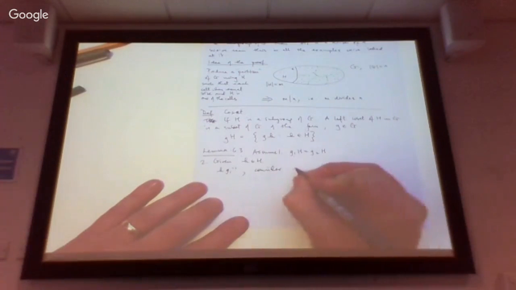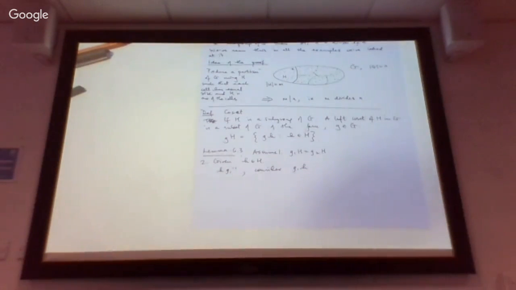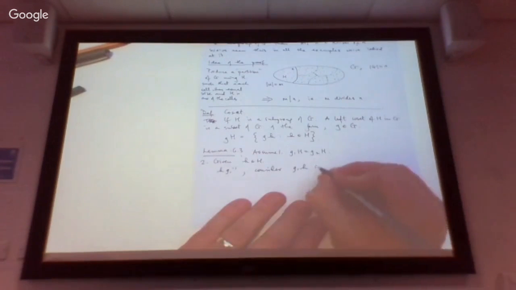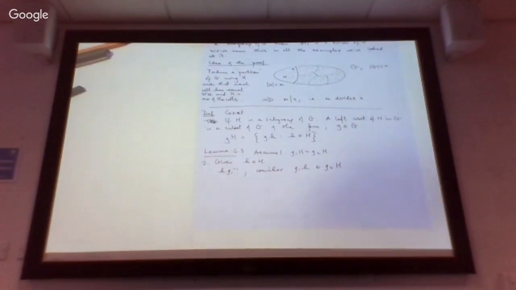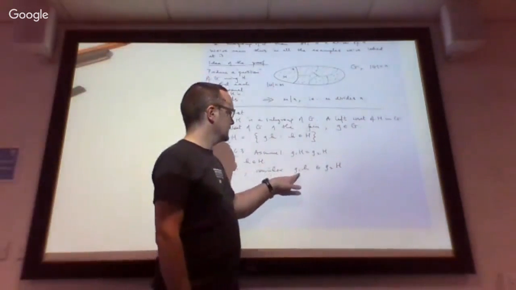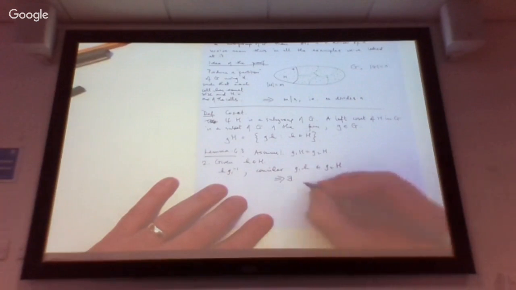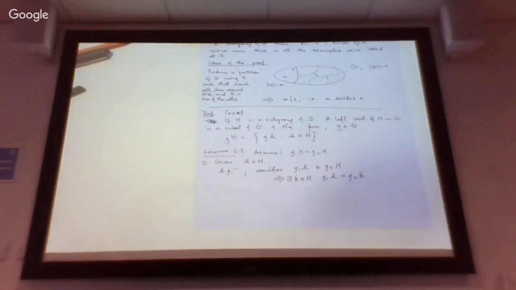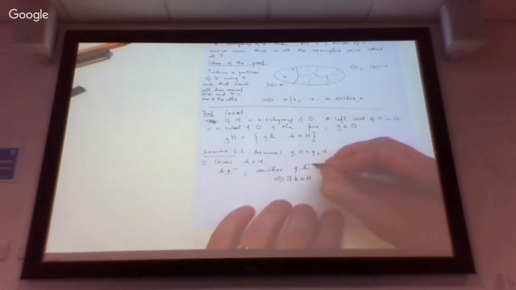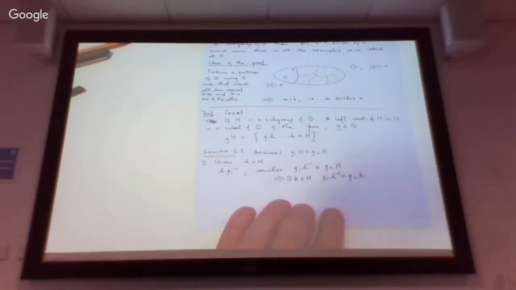If we consider G1H with G1 on the left and H on the right, this must be an element of G2 times capital H, because we've assumed statement one. Sorry, I need to consider G1H inverse.